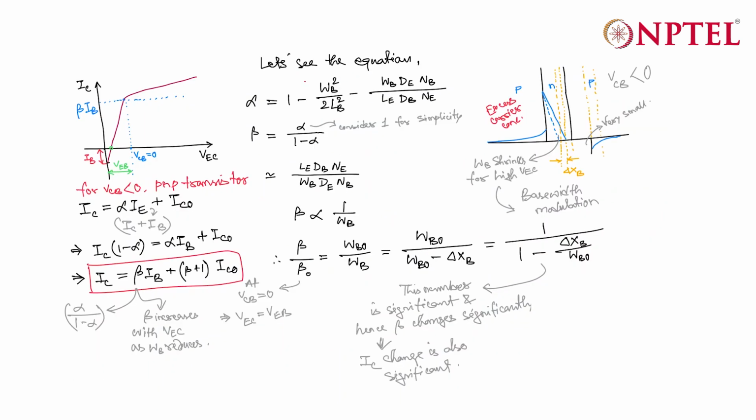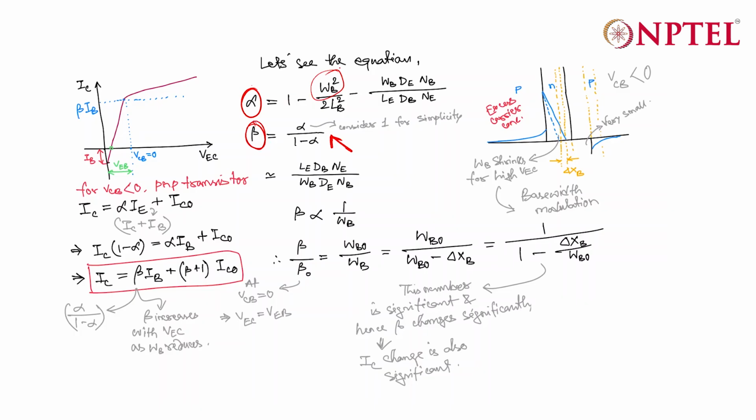Now, if you look at the expression of alpha, which is 1 minus WB square by 2LB square minus WB DE divided by LE DB NE, and the expression of beta, which is alpha divided by 1 minus alpha, then you can replace the value of alpha in this expression, and you can very easily find the dependence of WB with beta.